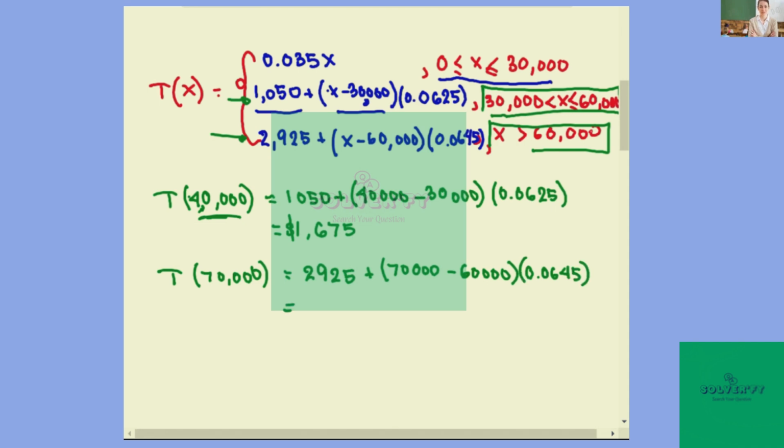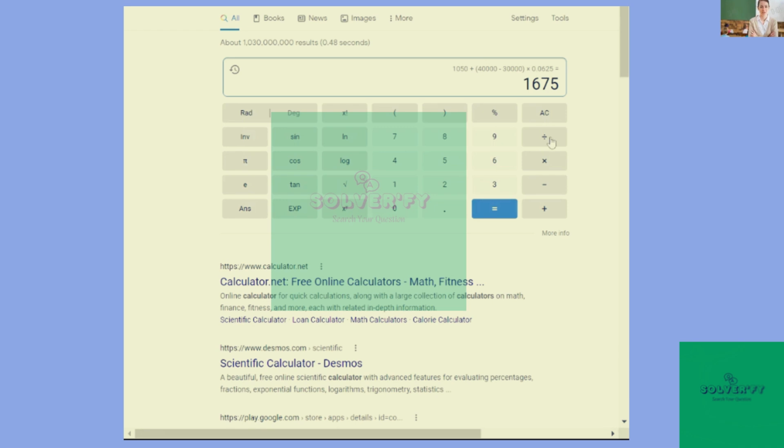So back to our calculator. I'm going to clear this one. We have 2,925. Then we add the excess from 60,000, and then we take 6.45% of that.